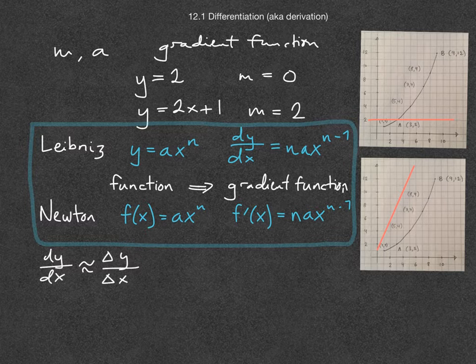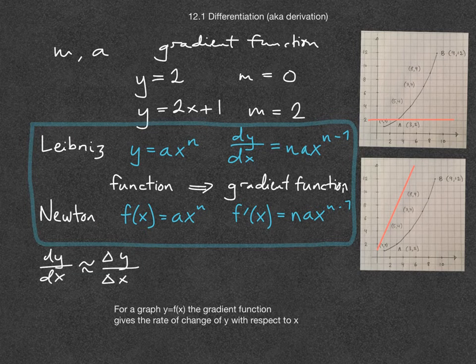The gradient function measures rate of change. We can say that for a graph y equals f of x, the gradient function dy dx, or if you like, f derived of x, gives the rate of change of y with respect to x.